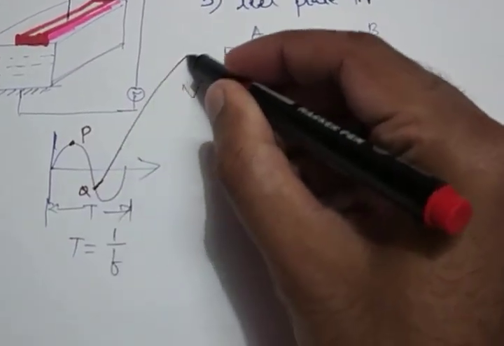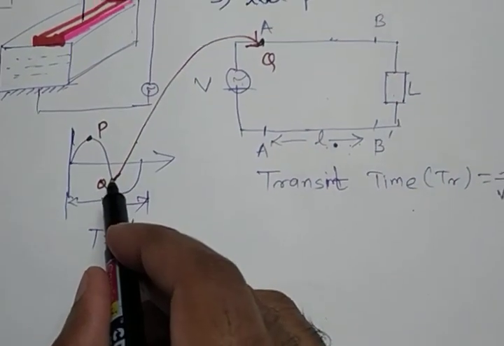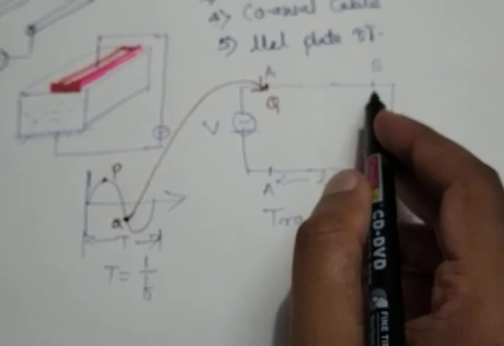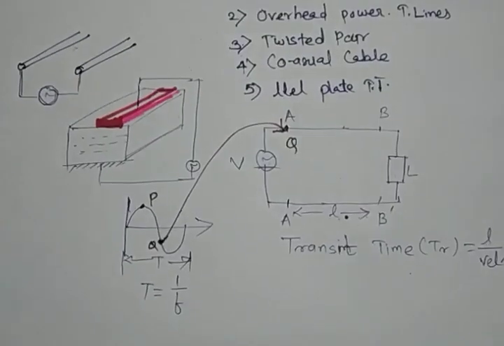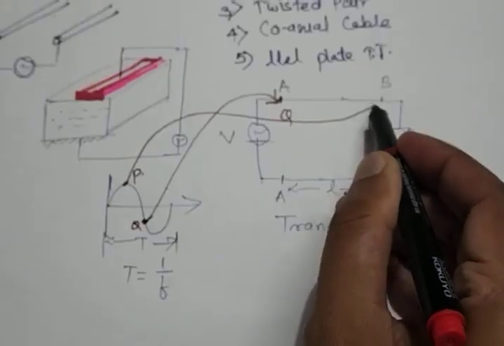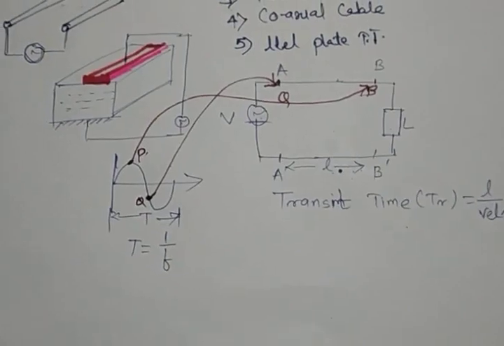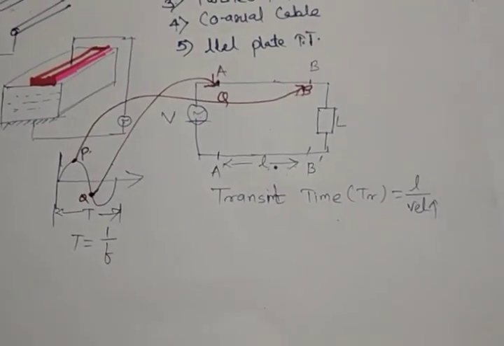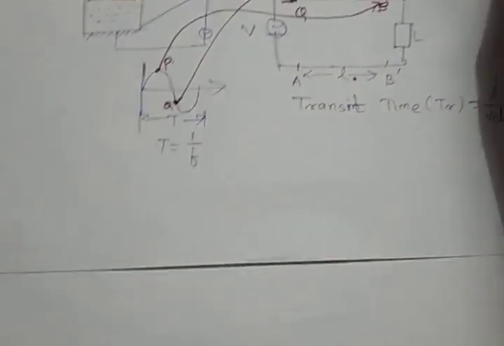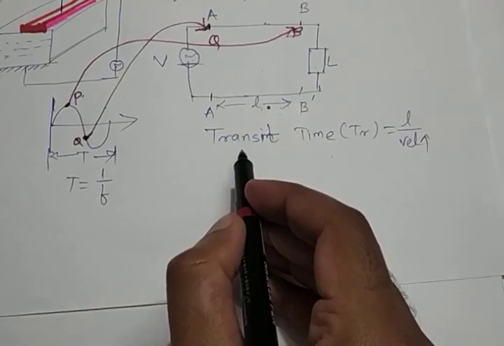Suppose at this time the signal appearing at A is Q. This Q will not appear at B at the same time. There may be some other signal, say probably P, appearing at B at the same time. So it depends on the frequency and the time period. We will also try to relate this total time period and the transit time.